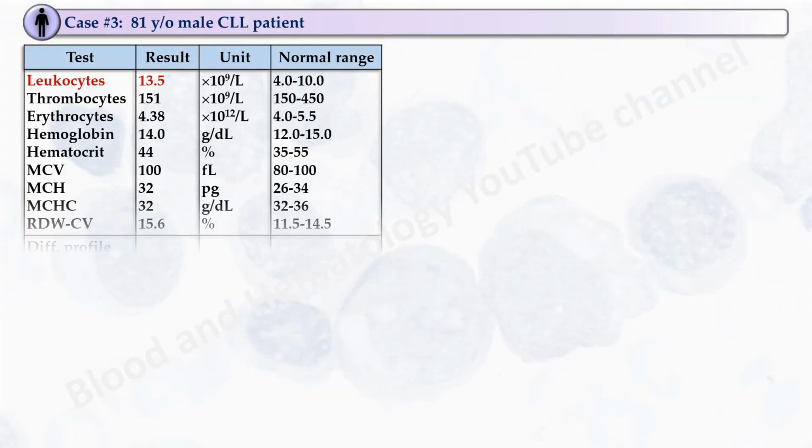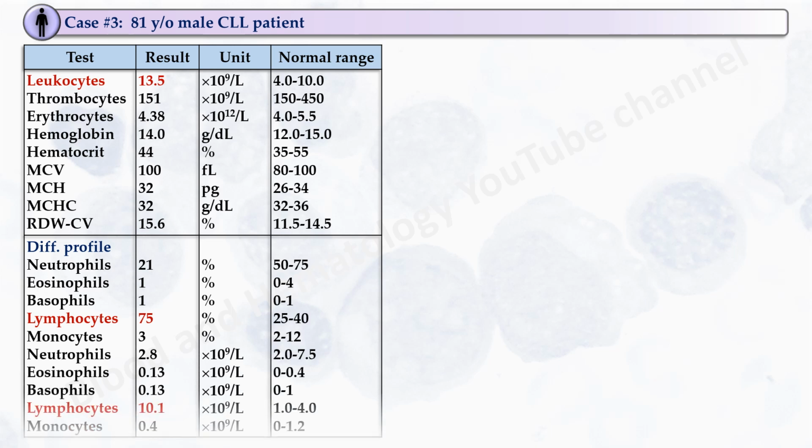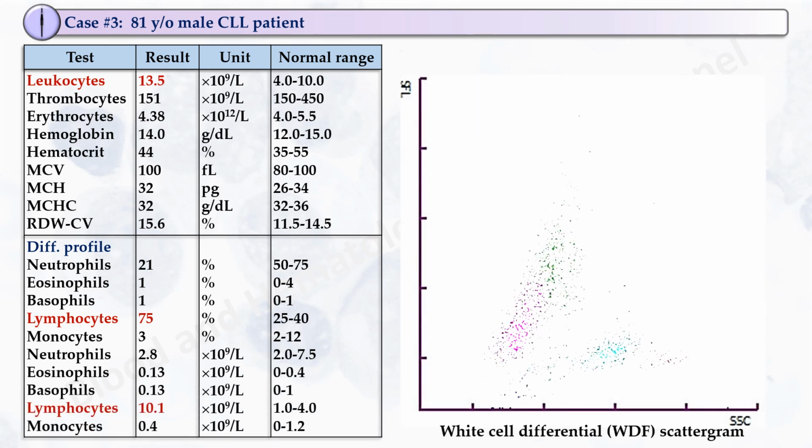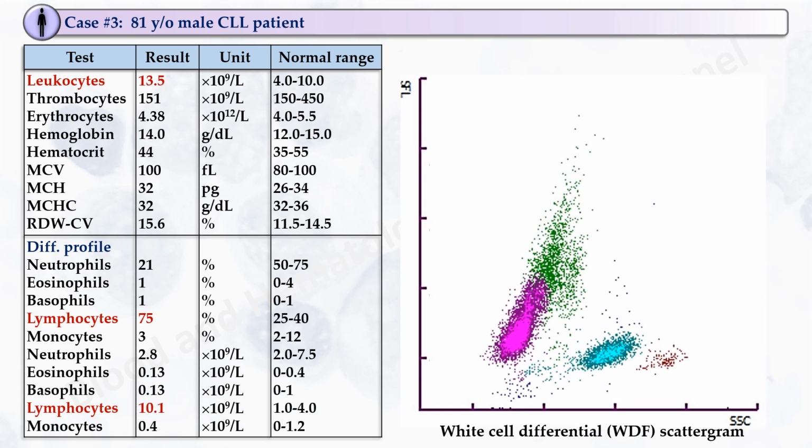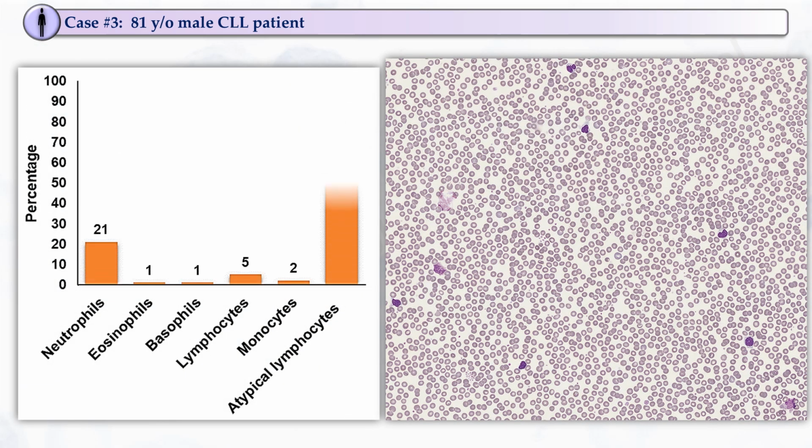Another CLL patient is an 81-year-old man with mild leukocytosis and relative and absolute lymphocytosis. Small and large lymphoid cells, 70% atypical lymphocytes and smudge cells were observed in the patient's peripheral blood smear examination.